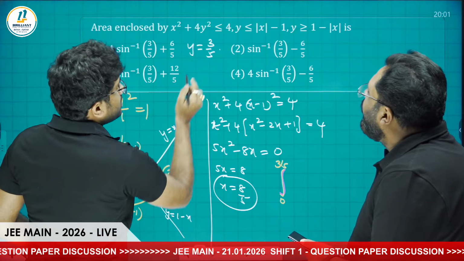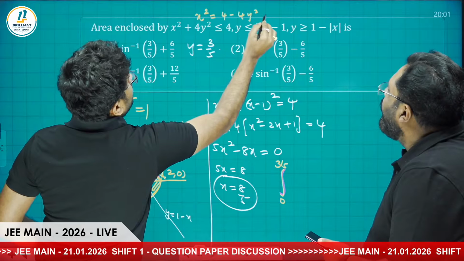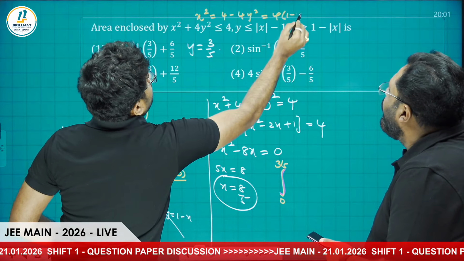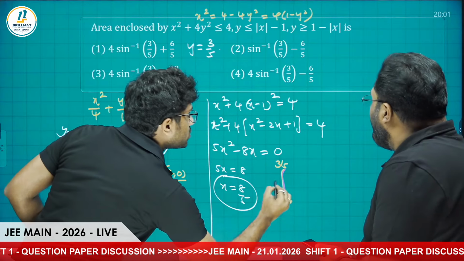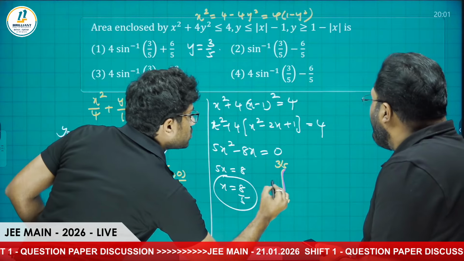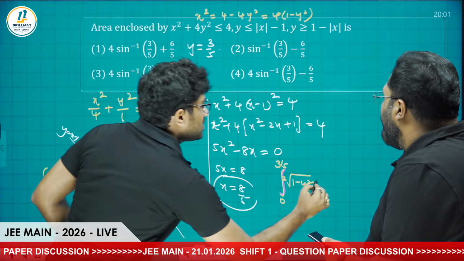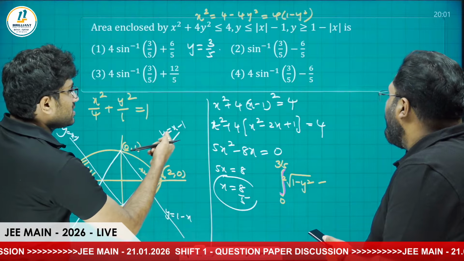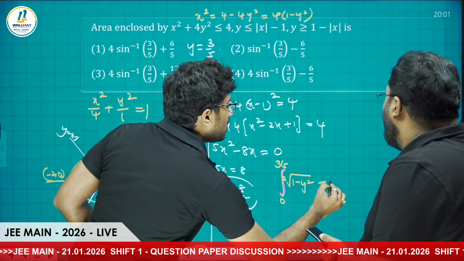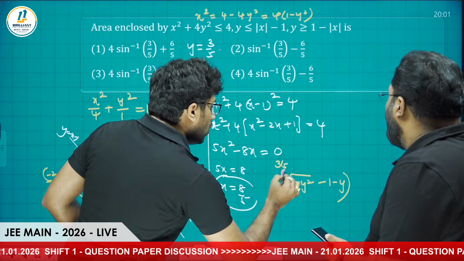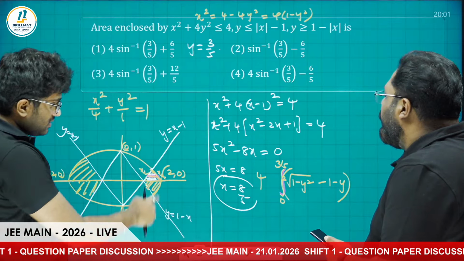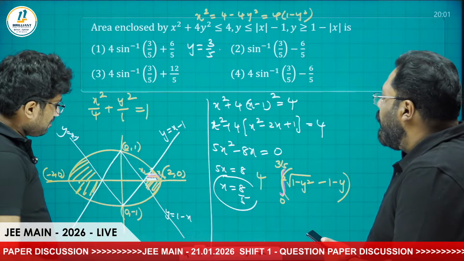X square is equal to 4 minus 4y square, 4 common, 4 into (1 minus y square). So x is equal to 2 times root over 1 minus y square. We'll put this 2 inside. 2 times root over 1 minus y square minus this line. So this is minus of, here x is equal to 1 plus y. So minus 1 minus y, whole multiplied by 4, because this particular portion is symmetrical.